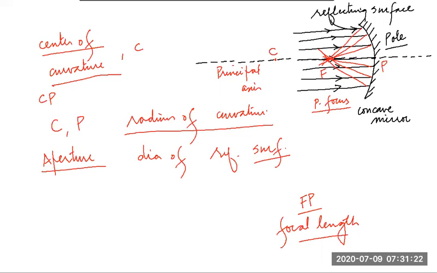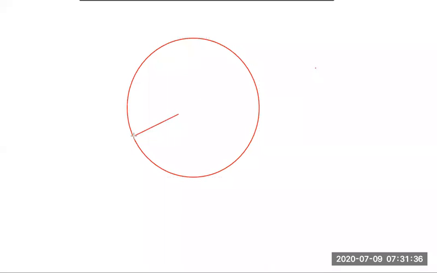I'll tell you. See guys, if you draw, let's say this is your maybe concave mirror or convex mirror. So this is the center, guys, and you see this diameter of the reflecting surface. This whole surface is reflecting, right? This diameter is known as aperture.